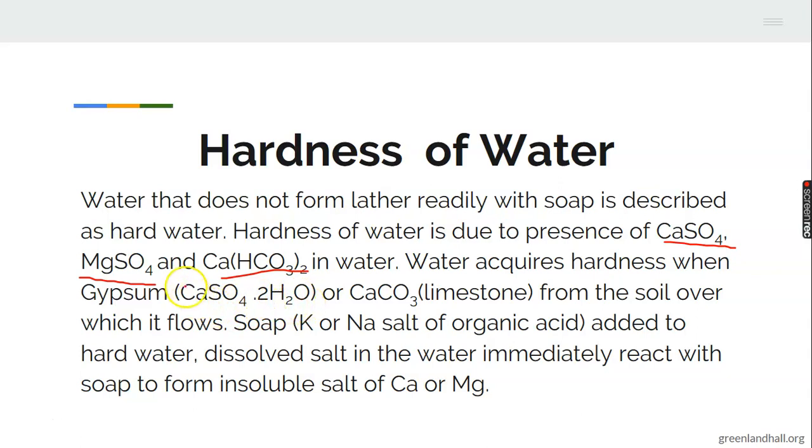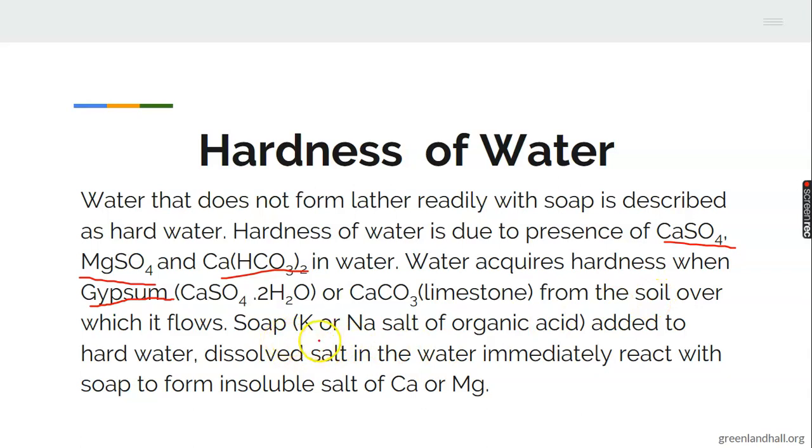So when the soil contains this gypsum, or it contains CaCO3, which we know as limestone, calcium carbonate, we find out that gypsum especially dissolves in water, and this one does not actually.